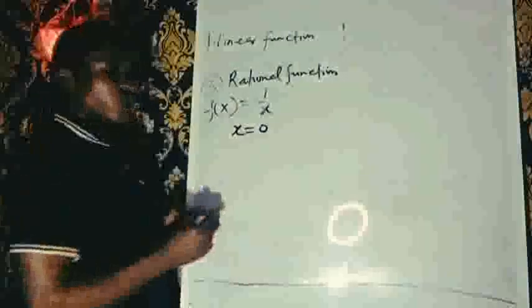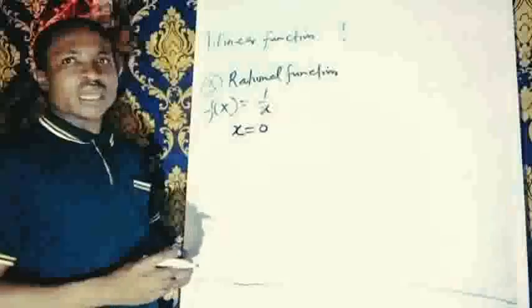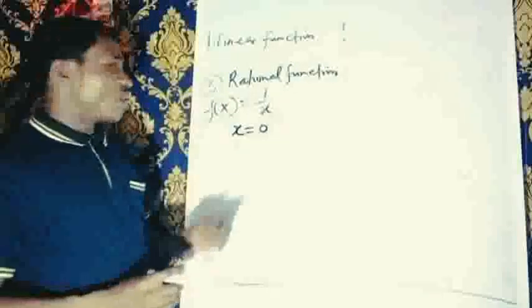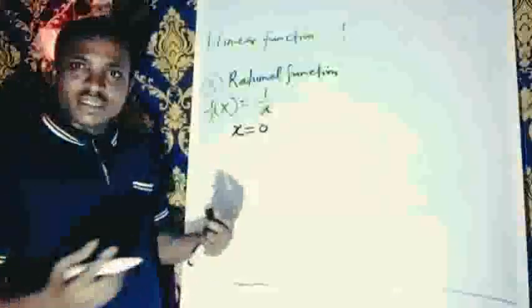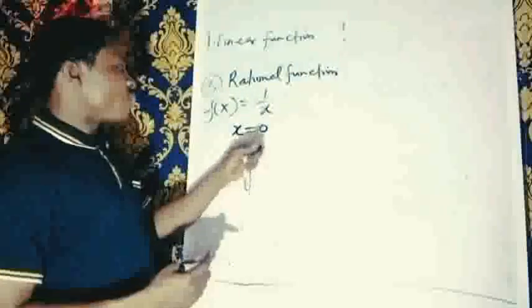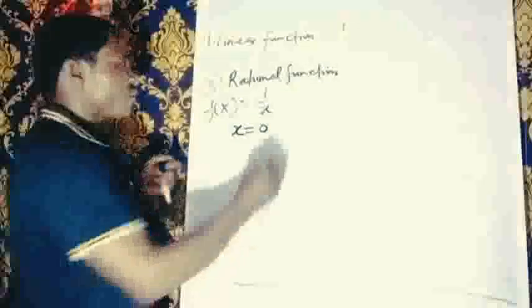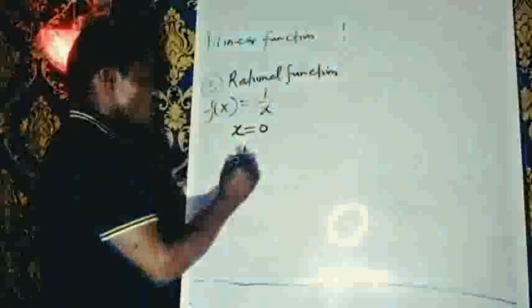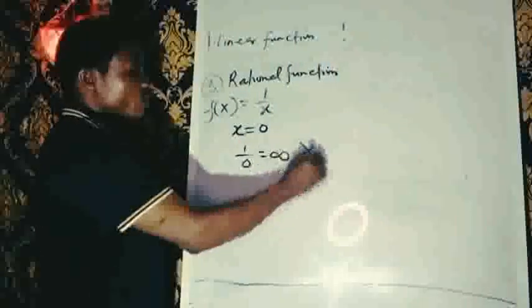Now we are going to set the denominator to be equal to 0, so x equals 0, because it is when we have 0 here that this function will be undefined. So the value of x is 0. Now check it: if you replace this with 0, the function will be undefined, which is wrong.